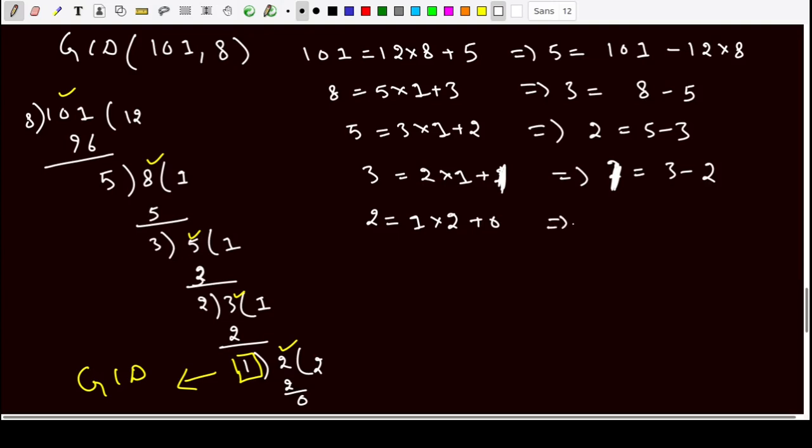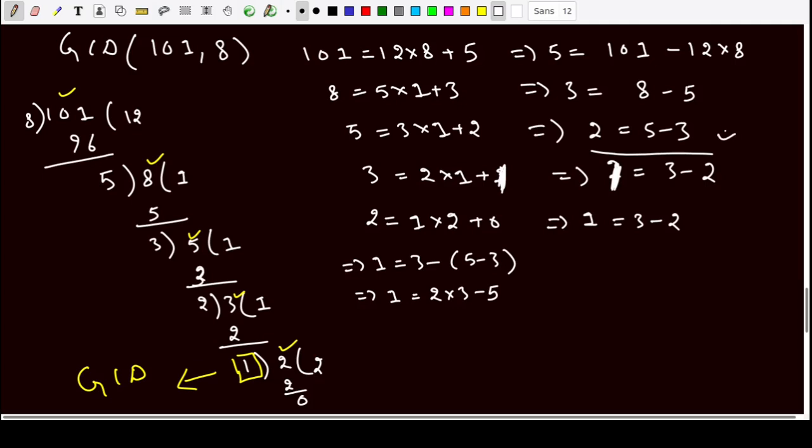So we start with 1 equals 3 minus 2. From the above equation we can say that 2 equals 5 minus 3. So let us put that in: 1 equals 3 minus (5 minus 3). This becomes 1 equals 2 times 3 minus 5.